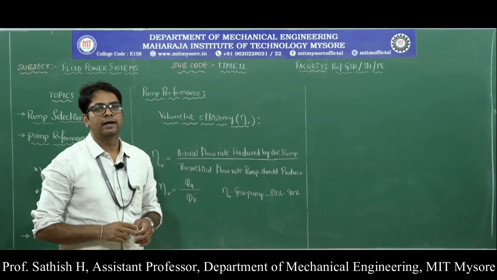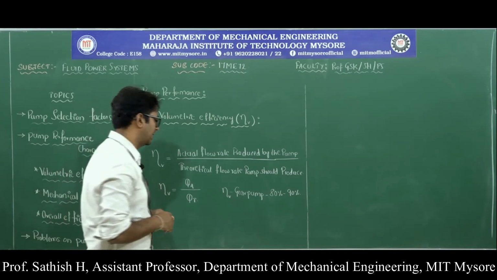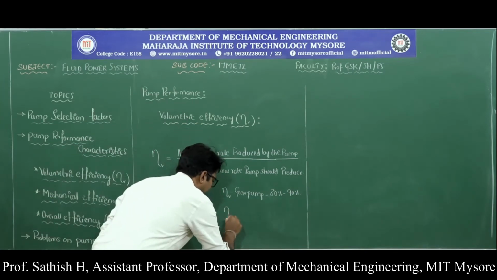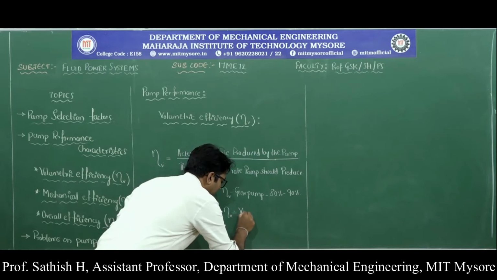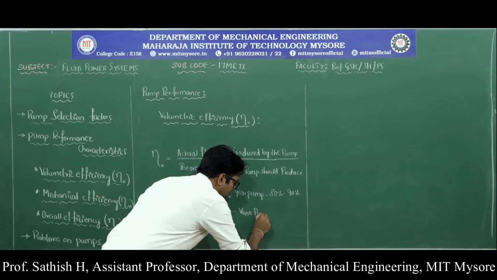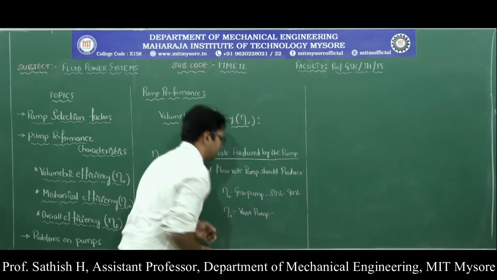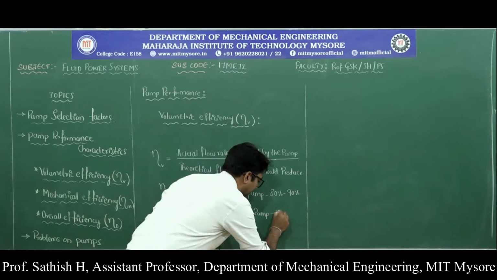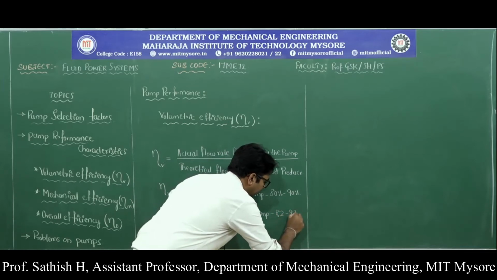Then we have the vane pumps, which have a little bit higher volumetric efficiency than the gear pumps, something like 82 to 92%.